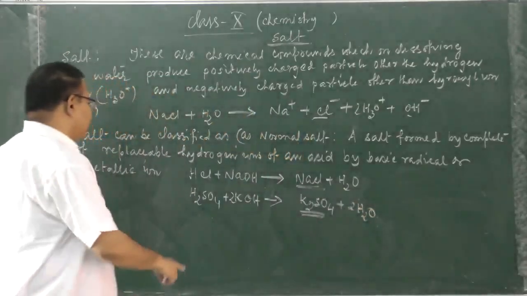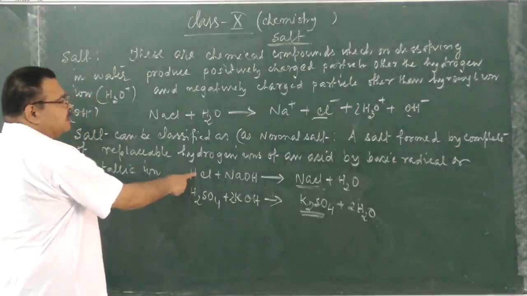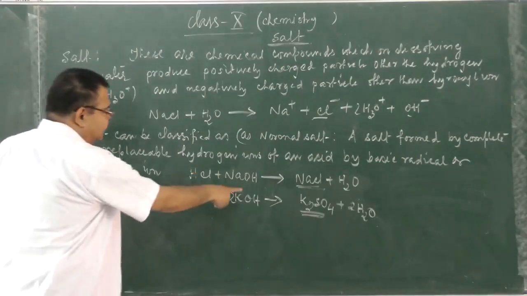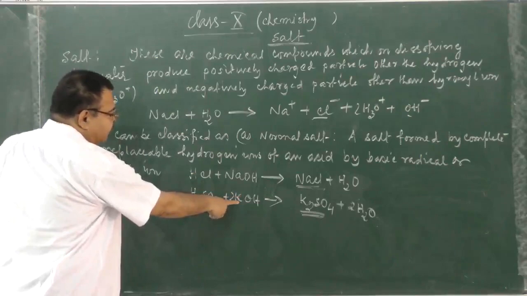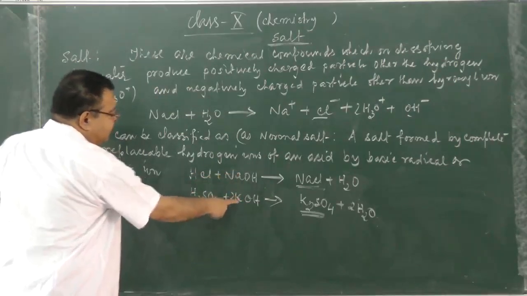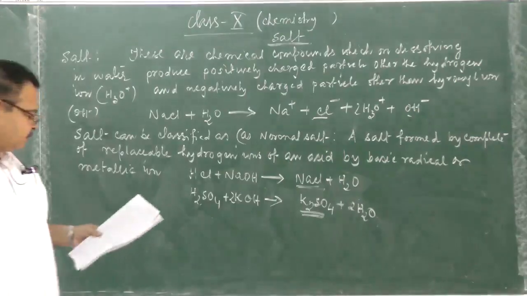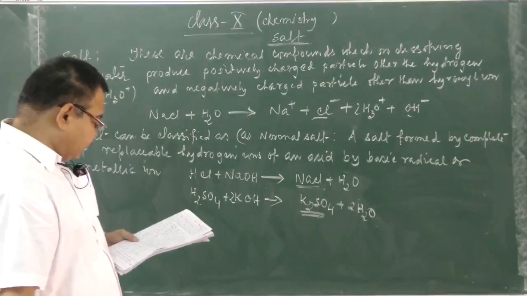So all the hydrogen ions in the acid are replaced by the basic radical of the base, or metallic ion, that is sodium and potassium. Clear?